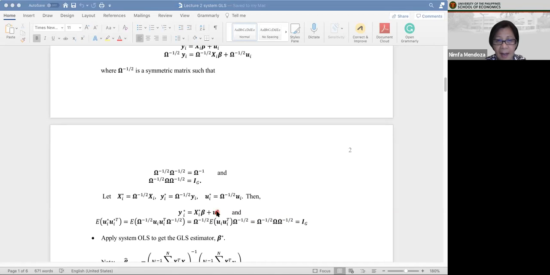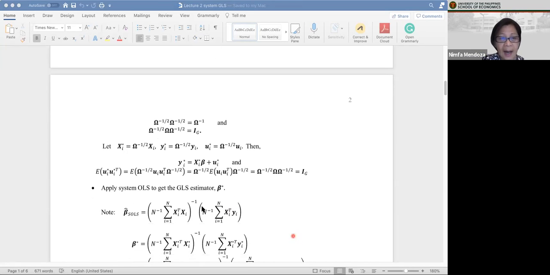And across equations, the covariances of the disturbances in this transformed model is 0. So we have transformed the problem into an OLS problem. So we apply the system OLS to get the GLS estimator of beta. Let's denote it as beta star, the GLS estimator.